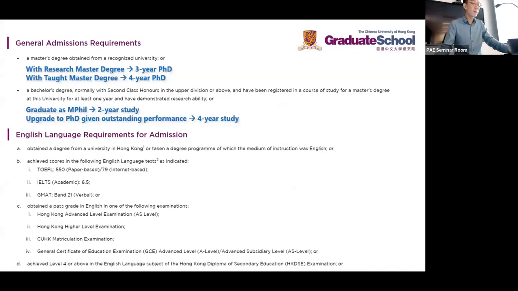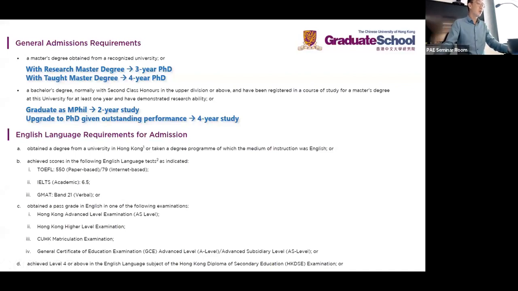Our department does not have a direct PhD. So if you do not have a master's, you need to opt for the Master of Philosophy and study with us for 2 years. But there are students in our department that are very outstanding.